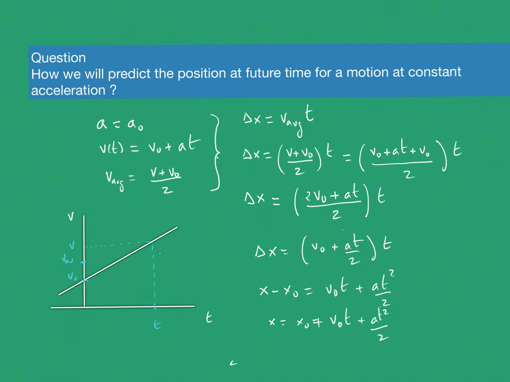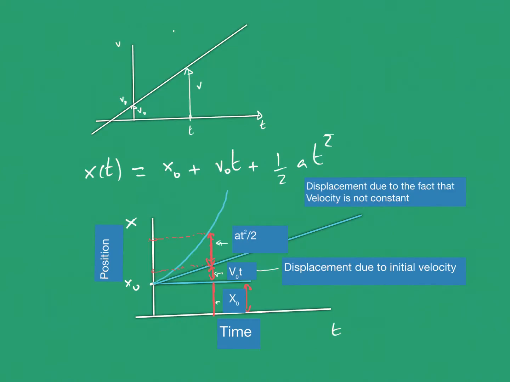And this is what you have done in the homework, in the assignments. So let's explain more clearly. X0 is the initial position. V0t will be the displacement if the velocity had never changed. If it never changed, the position would be a rectilinear line with a constant slope.